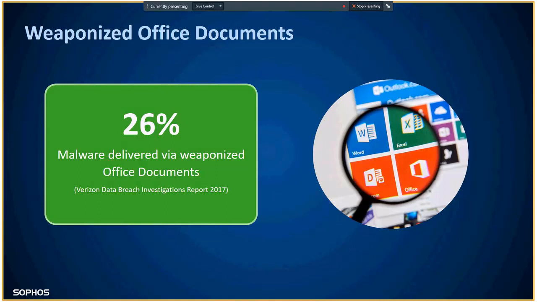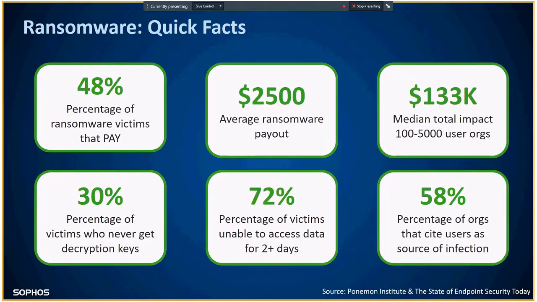These are the quick facts about ransomware. It's really expensive per organization, depending on the organization, and we're talking about lost time and lost man hours. It takes about 2 or 3 days trying to get your files decrypted, but if you get hit by NotPetya, you will not even be able to get your files back at all. The most interesting part of these facts is that 58% of organizations admitted that users created a backdoor for the attackers to come into the network.